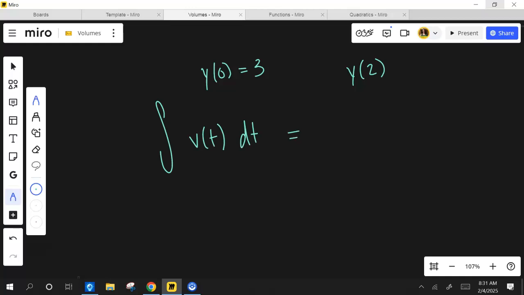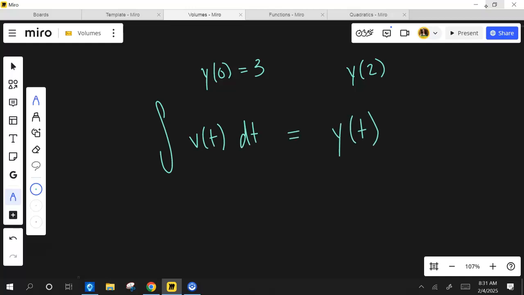So this says that y of t is position, y of 0 is 3, find y of 2. And this is really like your x or your s. Do you agree that the integral of velocity is position?